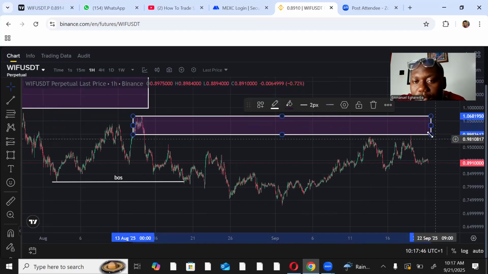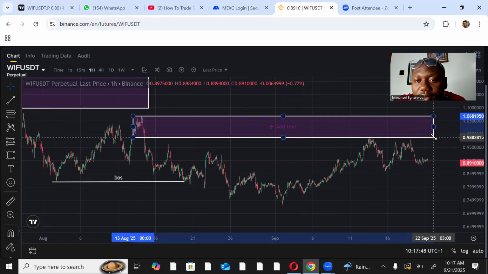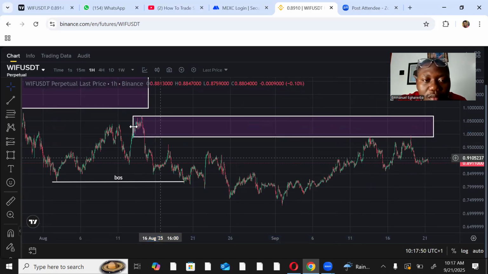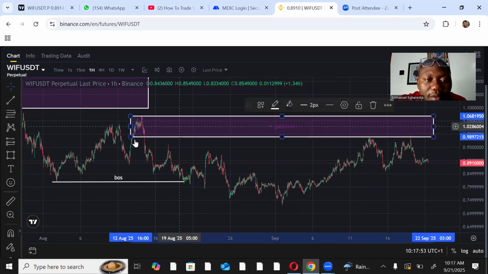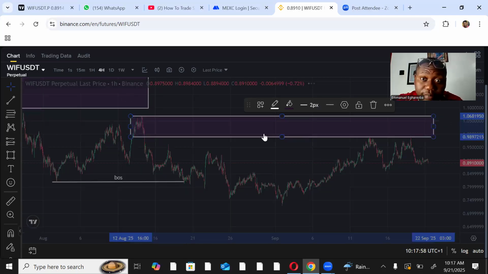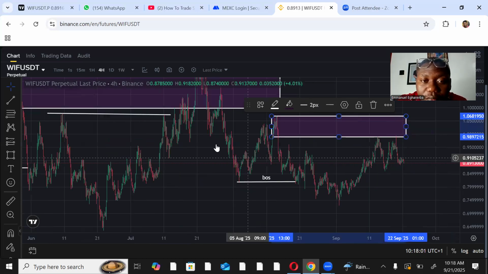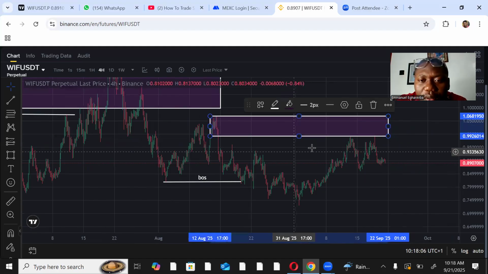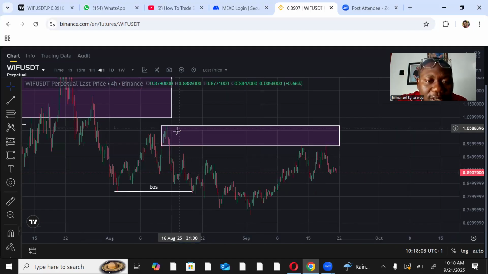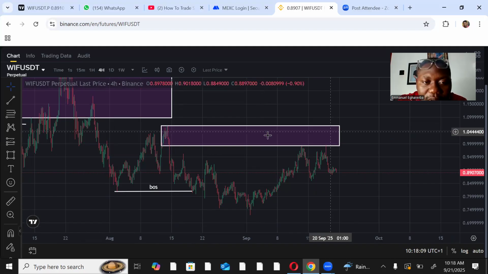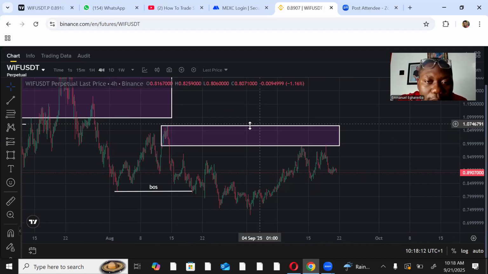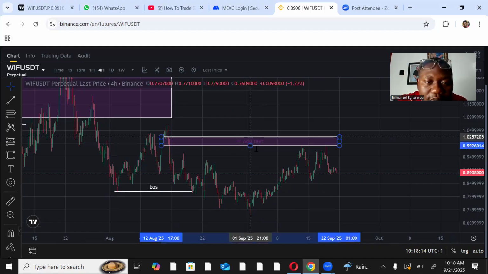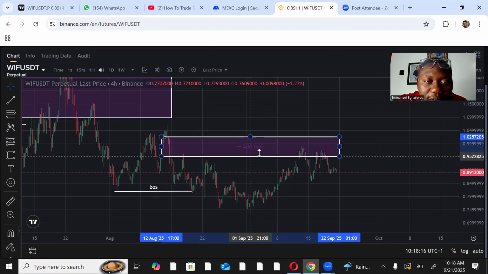And of course, we have a sweep of liquidity. The way I draw my order block, let me put it on 4 hours so that you see clearly now. I usually use the bullish candles that actually created the sell. Or you could just come back to this fair value gap right here.